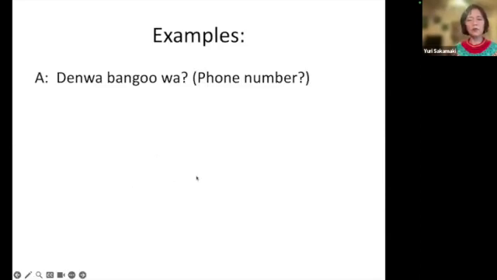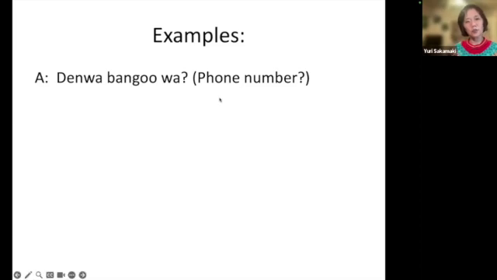So other examples of a topic being a question. 電話番号は? So 番号 is a number, the word number, noun. And 電話 is a phone. So phone number is 電話番号. And I know my phone number, so it's gotta be yours if I'm asking.